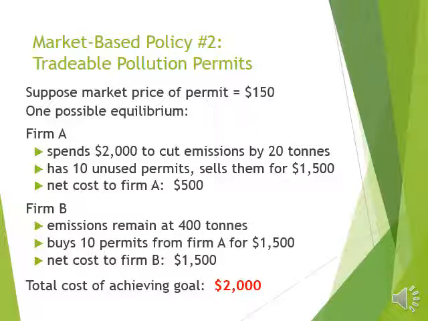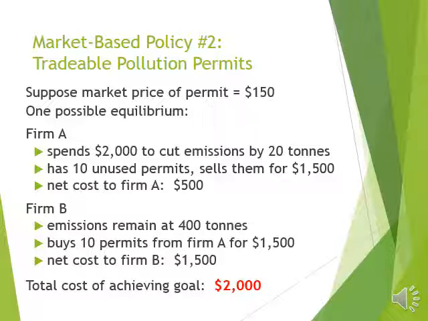Basically, you're making a command-based policy into a market-based policy, which can achieve the social optimum in a more efficient manner, because the firms that have the ability to reduce pollution at a lower cost will reduce pollution even more, and those that can't will buy the additional tradable pollution permits.